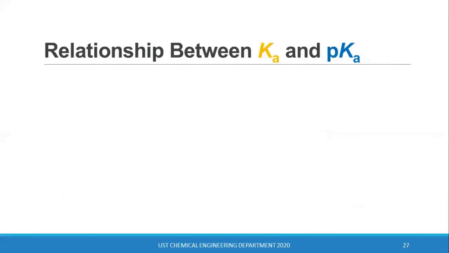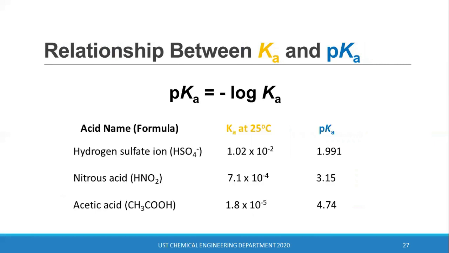Because Ka values are usually very small and expressed in scientific notations, similar to pH, pKa values can also be used to better represent Ka values. pKa is defined as the negative log of Ka. Comparing the values of Ka and pKa for some acids, we can observe the trend that as the Ka value decreases, the pKa value increases.